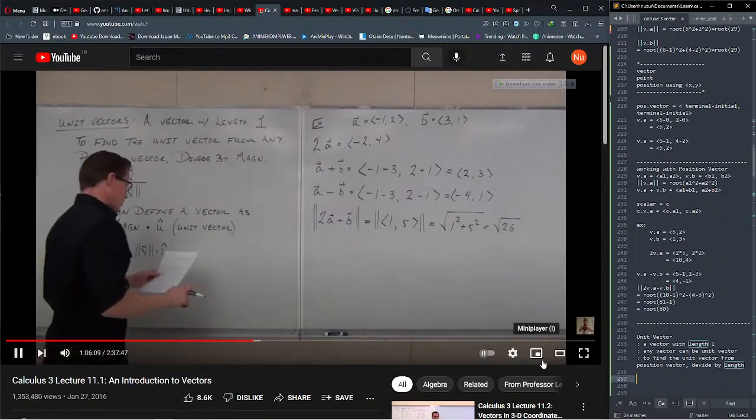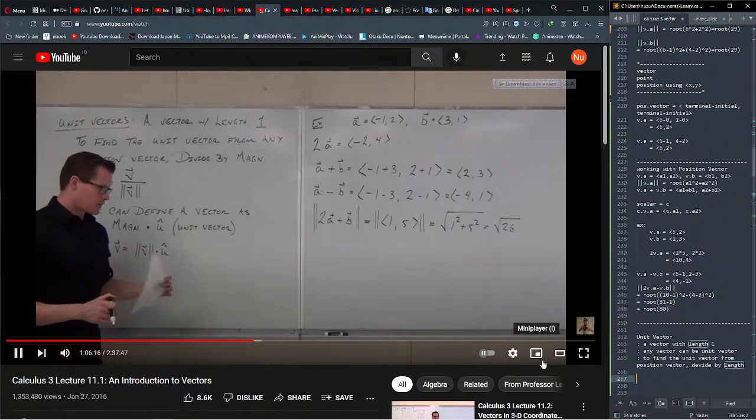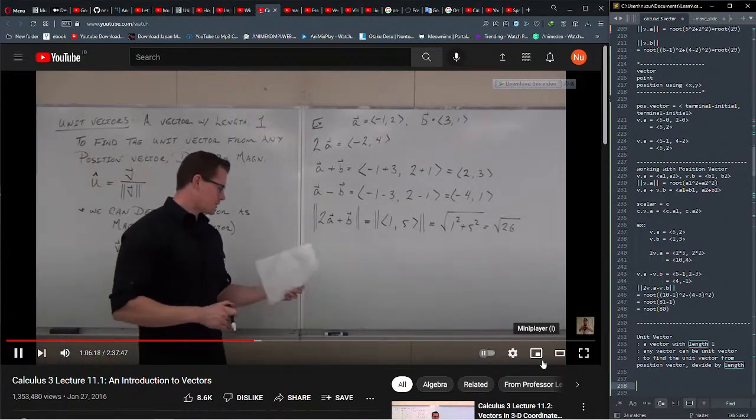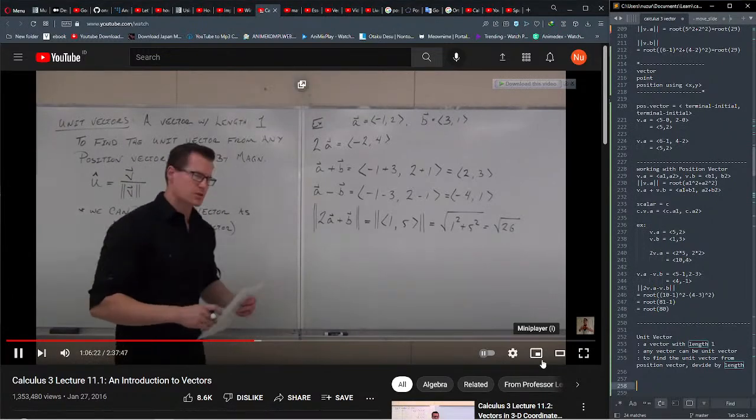So we're going to try just one of them. I just want to do one example here about how to find a unit vector. We'll talk about these things called standard basis vectors.